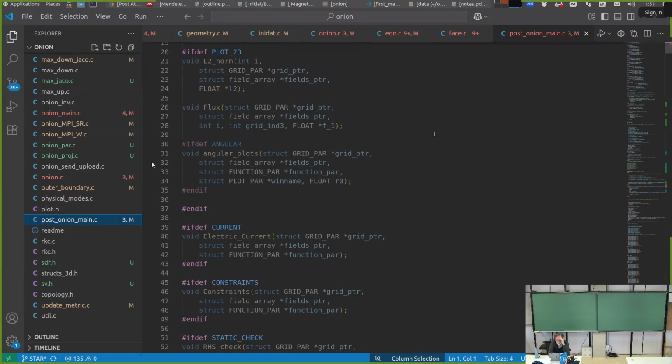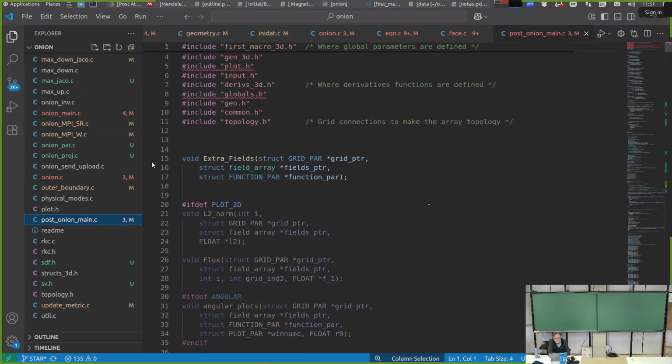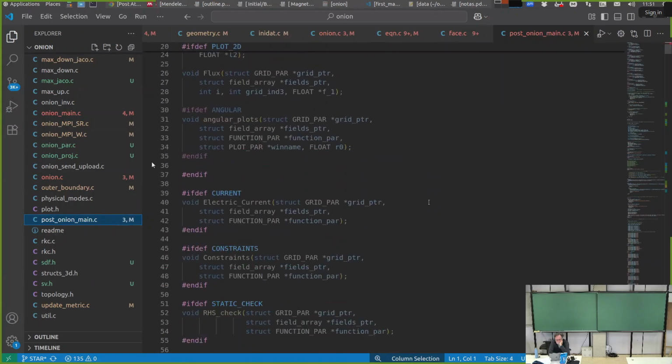Let's say you want to compute the electric current or the charge density or the Poynting fluxes, for instance, the luminosity, to understand what the plasma is doing or how the energy is extracted and propagated away in the magnetosphere, and so on. So we do all these kinds of computations with this separate code that essentially has the same structure as Onion, but you can run it independently to try different post-processing options, right?